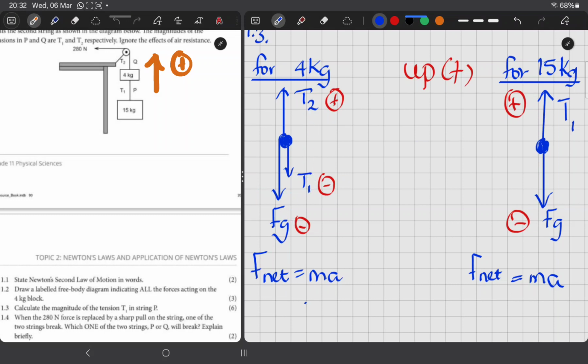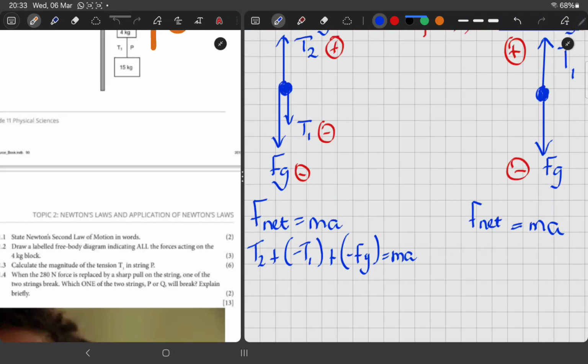And for the 15 kg, it's only T1 as well as FG. Take note that the T1 on the 15 kg block as well as the T1 on the 4 kg block will not have the same sign, one being positive, the other one being negative. That is very important in our calculation, and you will see as I proceed.